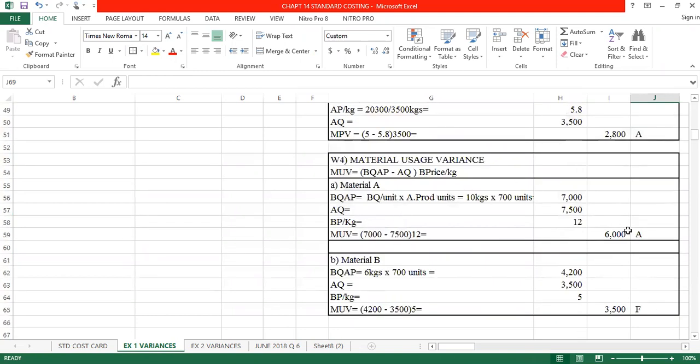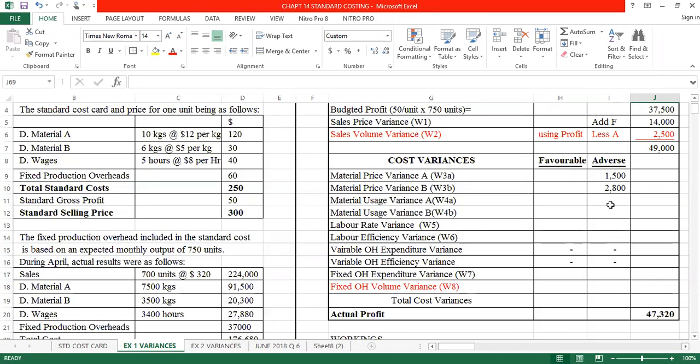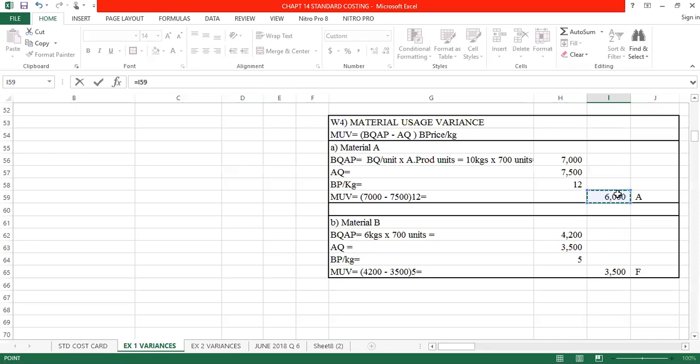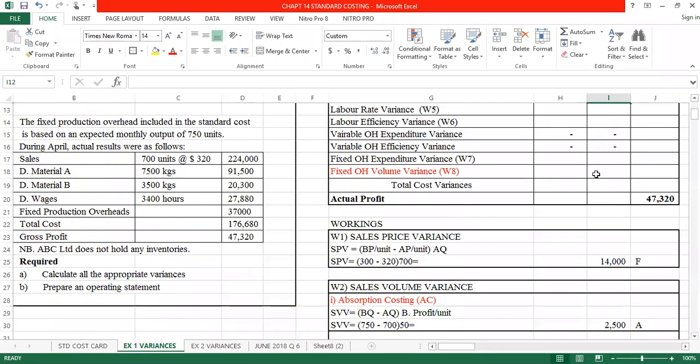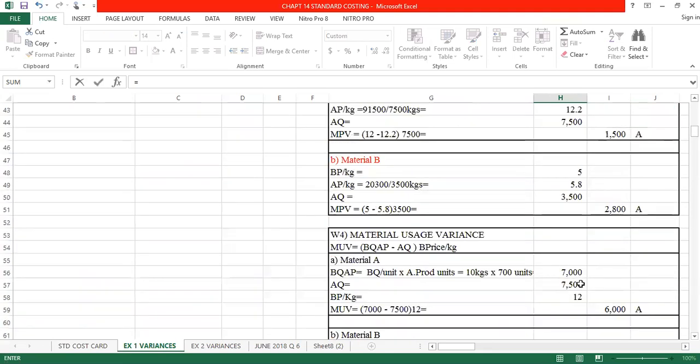Material A, usage is A. Usage is A, 6,000 A. So there are a lot of A's in this question. Usage is A. Material B is F. So material B is what?